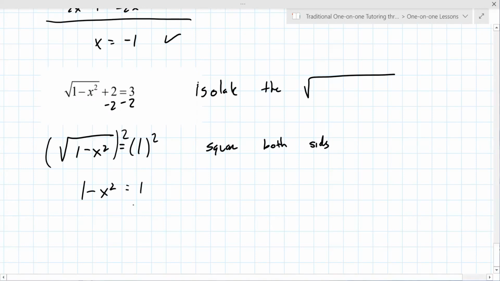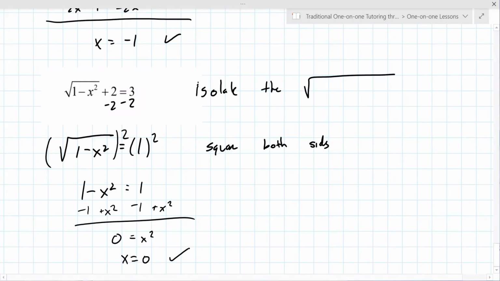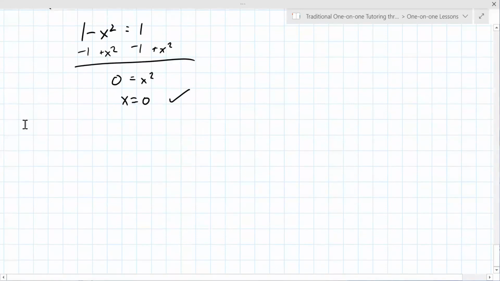Then you subtract 1, add x squared, and you get 0 equals x squared. So x equals 0. I'm surprised that the instructor gave you this, but that is the answer here. There is some extraneous solution stuff, but it didn't come into play on that one.